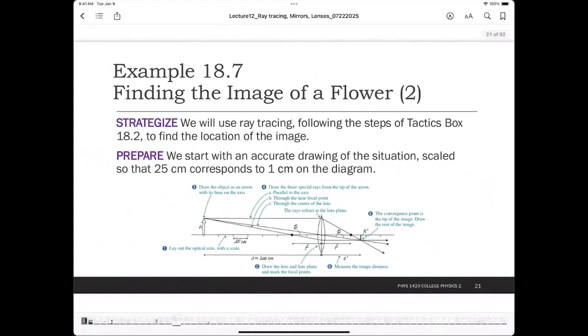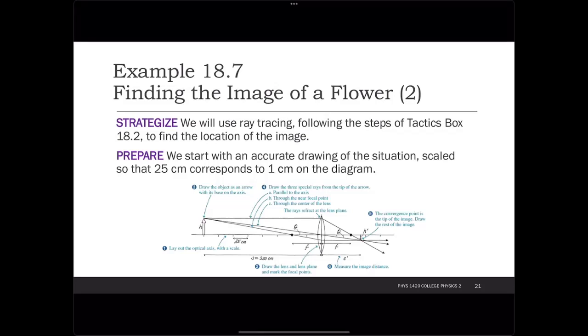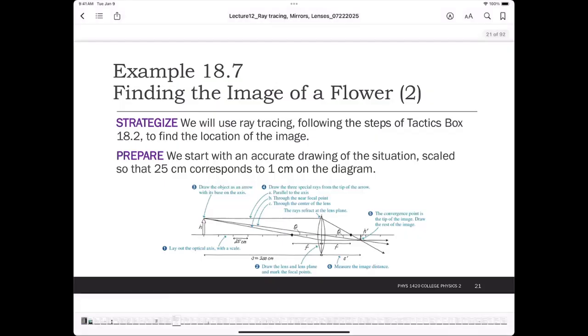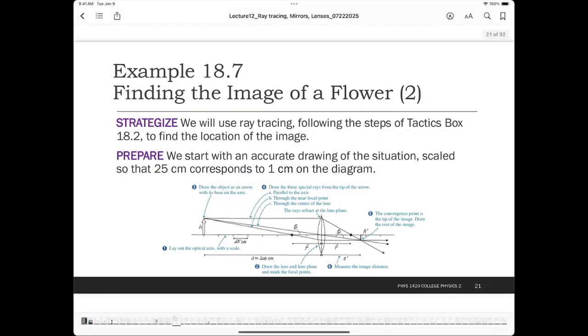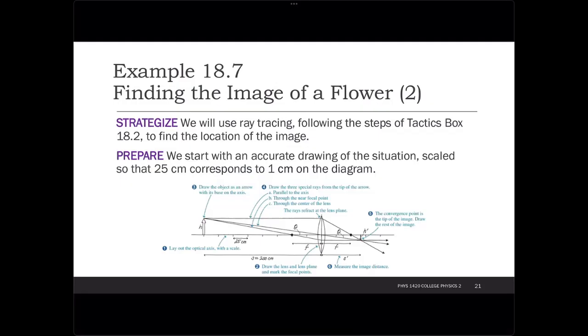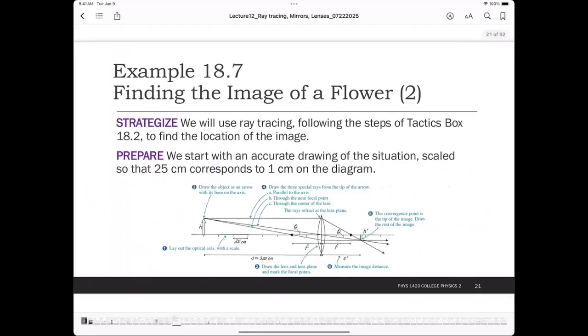To find the location of the image, we start with an accurate drawing of the situation, scaled so that 25 centimeters corresponds to 1 centimeter on the diagram. You can see here, this one is 25 centimeters. So counting 1, 2, 3, 4, 5, 6, 7, 8, this is 200 centimeters.